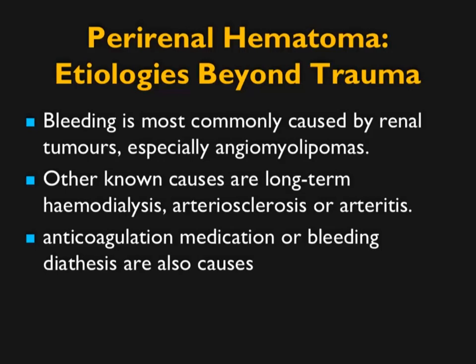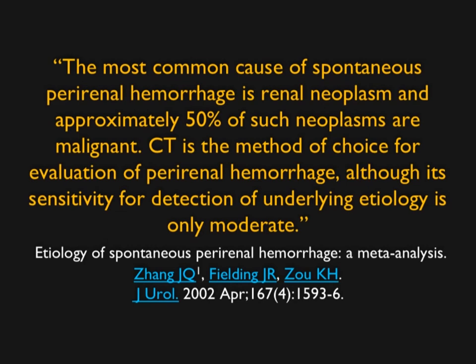It can be due to hemodialysis, atherosclerosis, arteritis, medications like Coumadin, but again, you really have to think about AML. This article by Zhang: the most common cause of spontaneous perirenal hemorrhage is renal neoplasm, and about half are malignant. CT is the method of choice for evaluation of perirenal hemorrhage. But again, you've got to think AML.